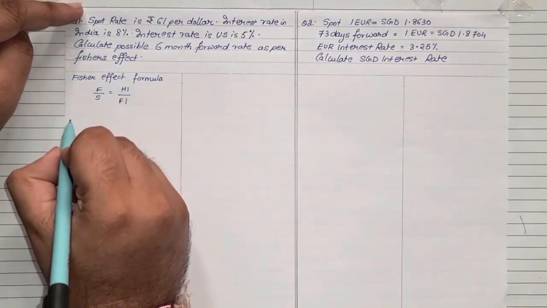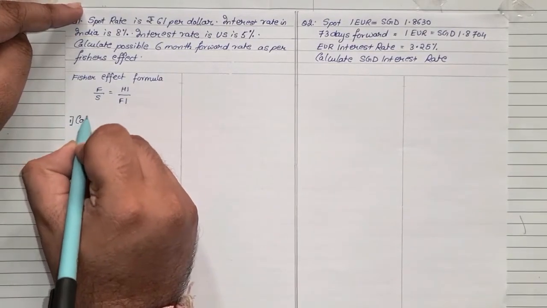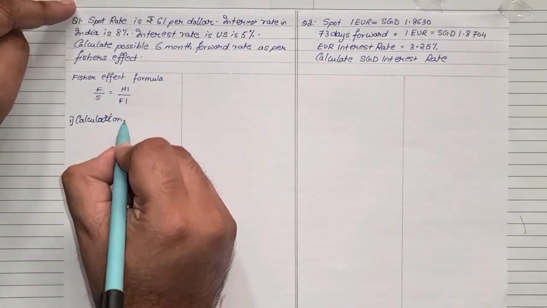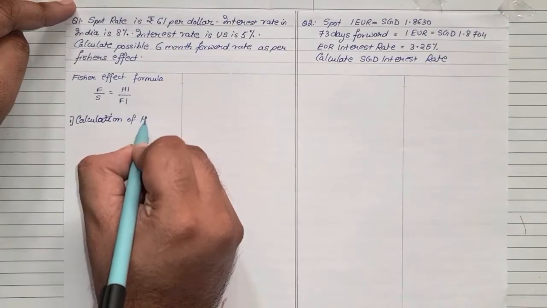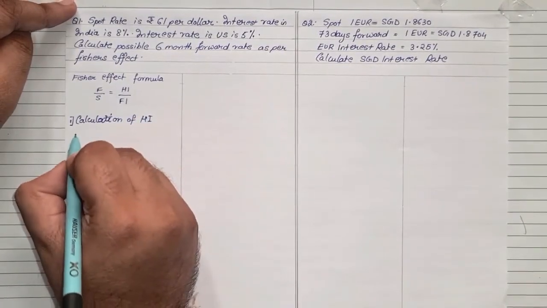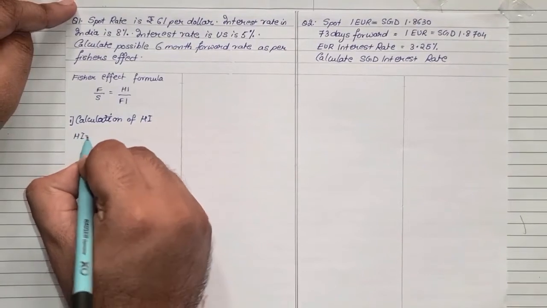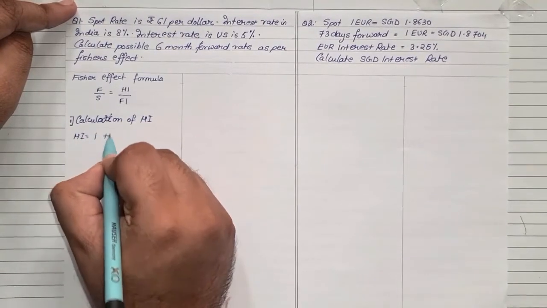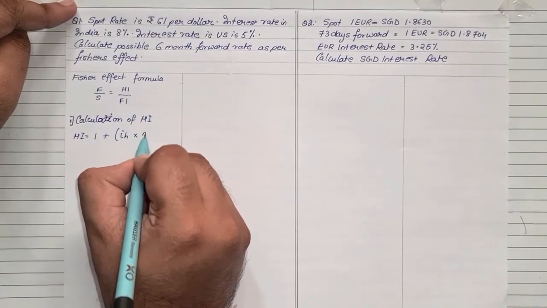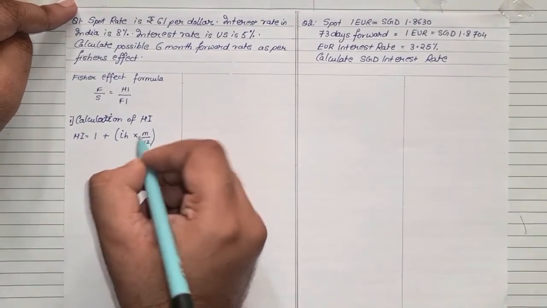So here I write number 1. We first calculate the home currency interest component. The formula is HI equals 1 plus the interest of the home currency into M divided by 12.